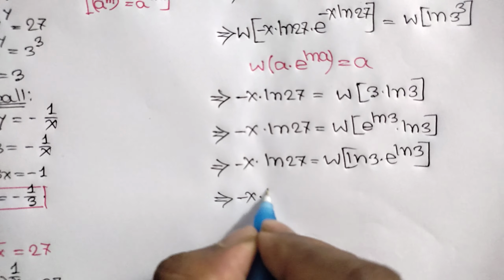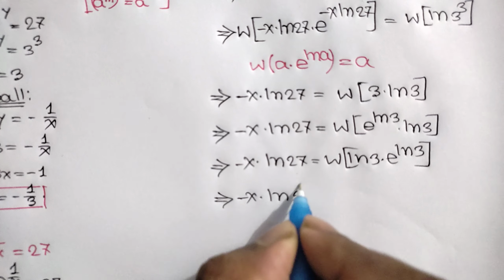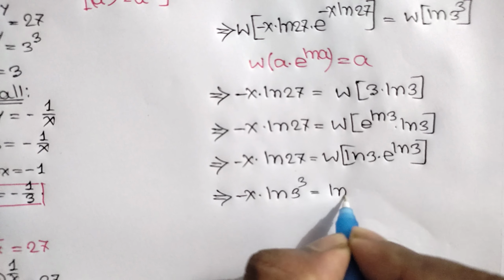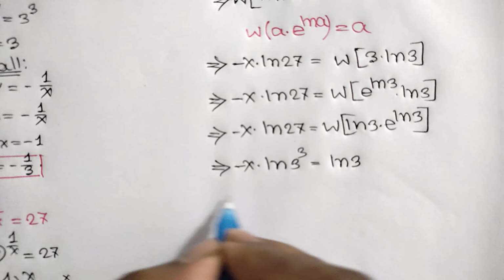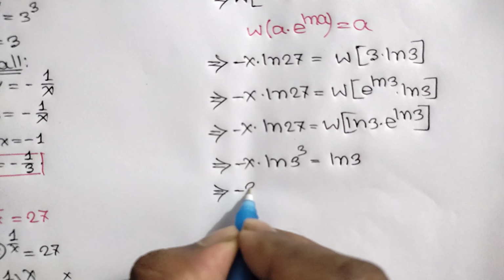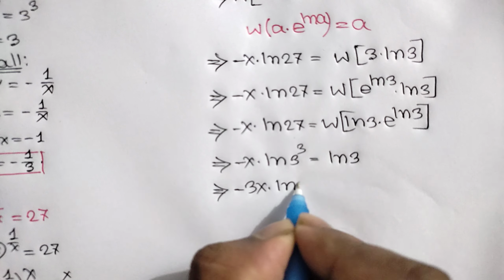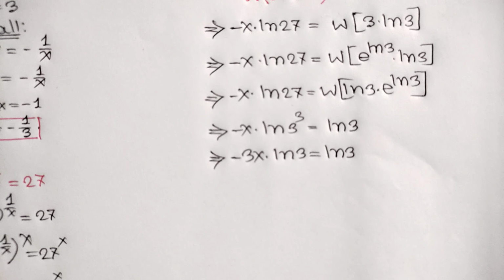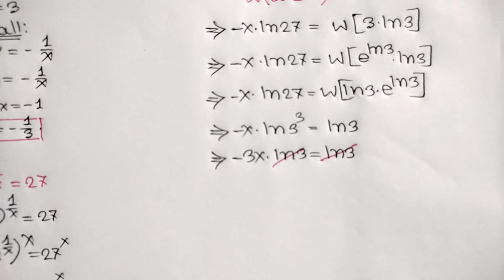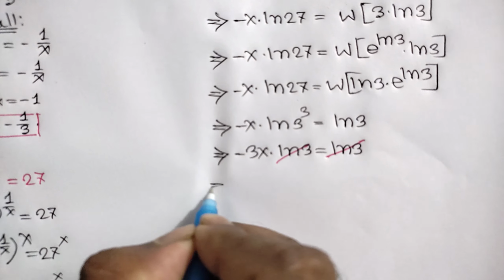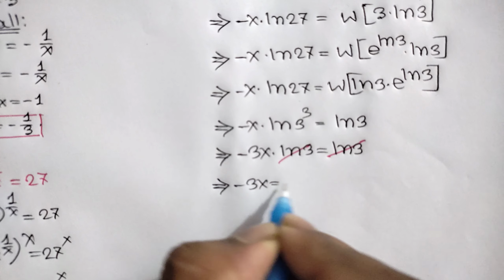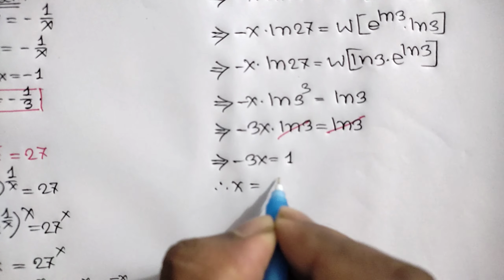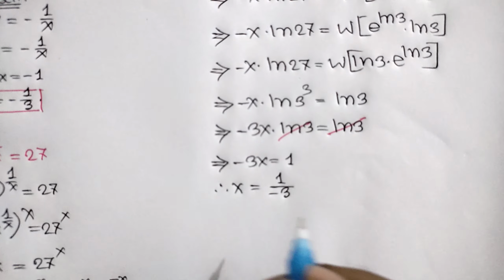Negative x times ln of 27, which can be written as 3 cube, gives negative 3x times ln of 3 is equal to ln of 3. Now this ln of 3 cancels out this ln of 3, so negative 3x is equal to 1. So finally the value of x is equal to 1 over negative 3.